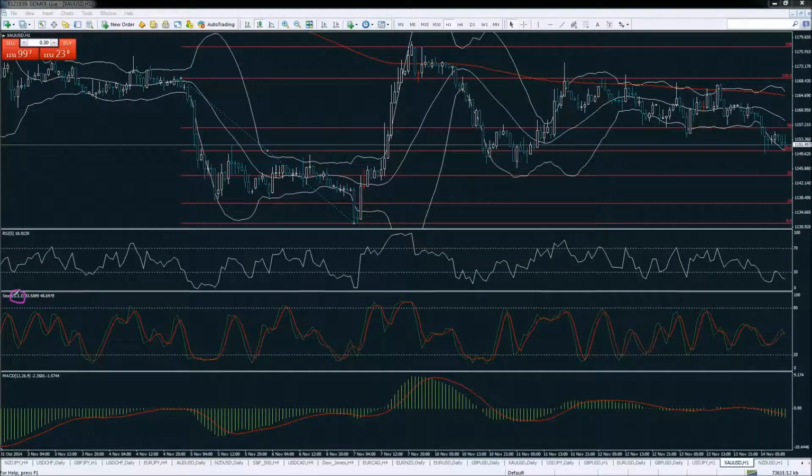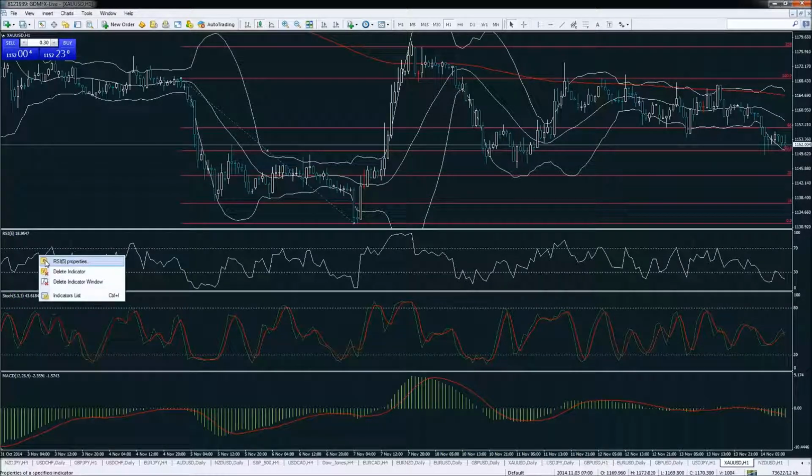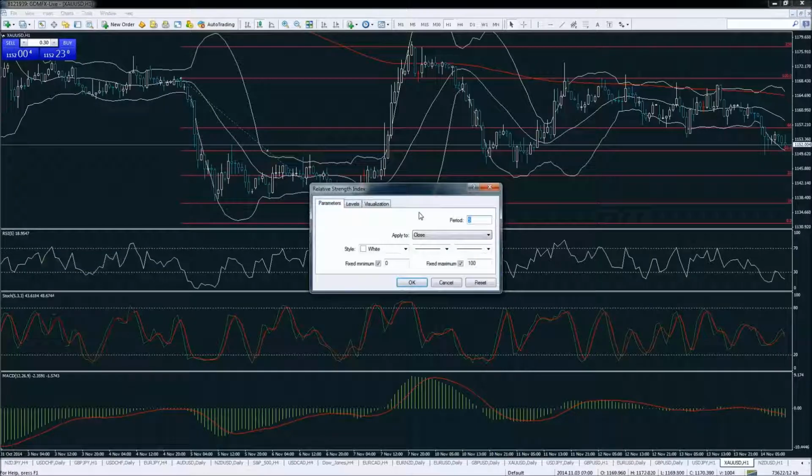Now the stochastic in brackets, you can see 533, and the relative strength also in brackets, the period of 5. Now let's take a look at how you can modify it. We can find it over here. When you are selecting the relative strength, you have a period, you're entering 5.